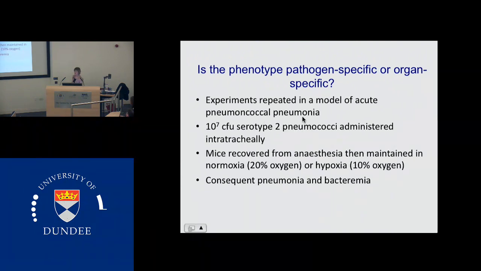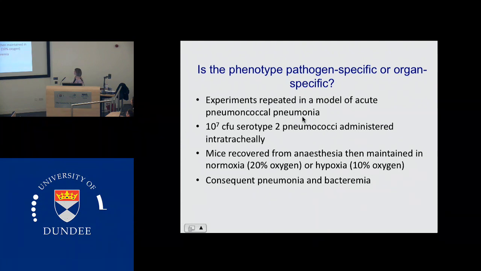So at that stage, we didn't know whether this was one particular infection in one particular organ, whether this phenotype was pathogen-specific. It was something about Staph aureus, though that seemed unlikely given killed bacteria were effective. And was it something to do with the skin?